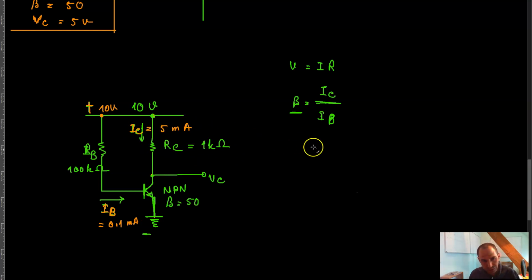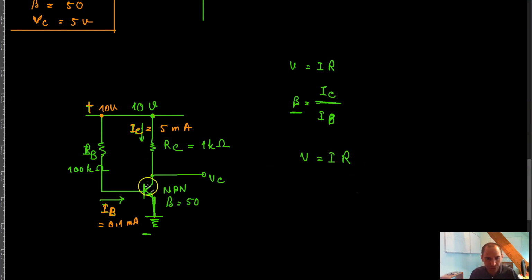The voltage across this resistor is V is equal to I times R. The resistance is constant here.